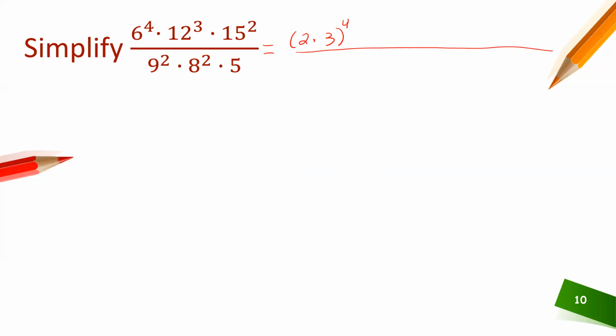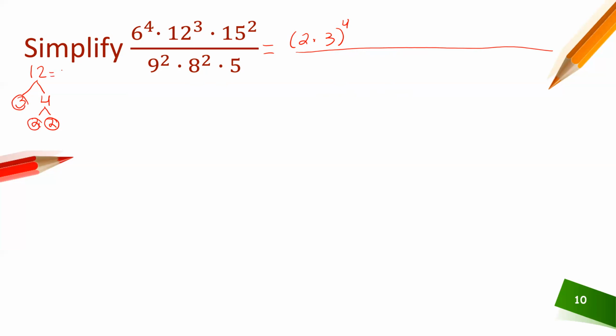Okay, and then the 12. What is 12? Well, have you seen the factor tree? It goes like this. 12 is 3 times 4. 4 is 2 times 2. So here I have 2 times 2 times 3 equals 12.